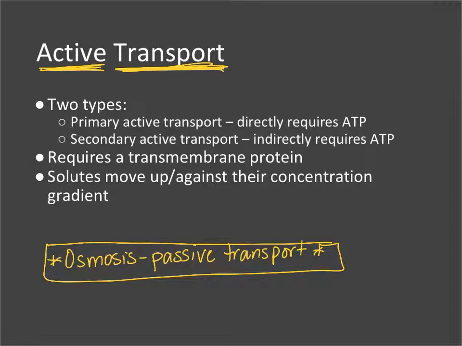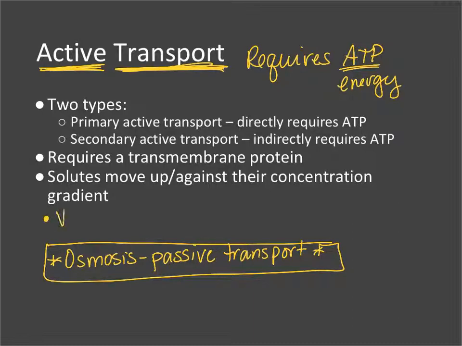And remember that the main thing about active transport is that it requires ATP. So it requires that energy in order to occur. Now we're going to look at the two main types, and then we'll also talk about another type that we call vesicular or bulk transport, which includes endocytosis and exocytosis.